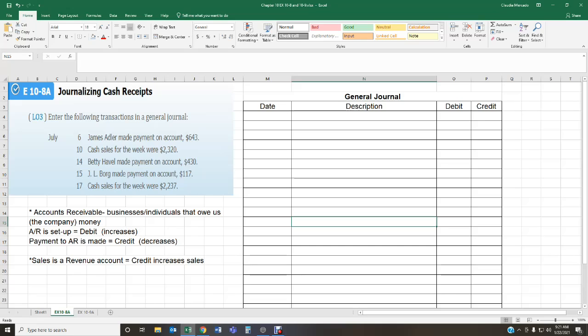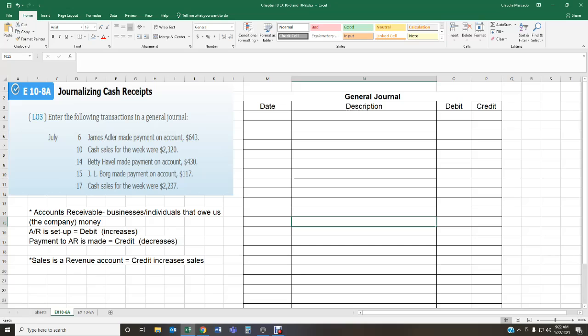So accounts receivable is either businesses or individuals that owe us the company money. Accounts receivable is an asset account. Its normal balance is the debit. So anytime someone purchases something on account from us, we are going to be debiting accounts receivable. Whenever we receive a payment from the customer, then we're going to credit accounts receivable. That is how it works. So when we sell something on account, we debit accounts receivable. When payment is made by the customer, we credit accounts receivable.